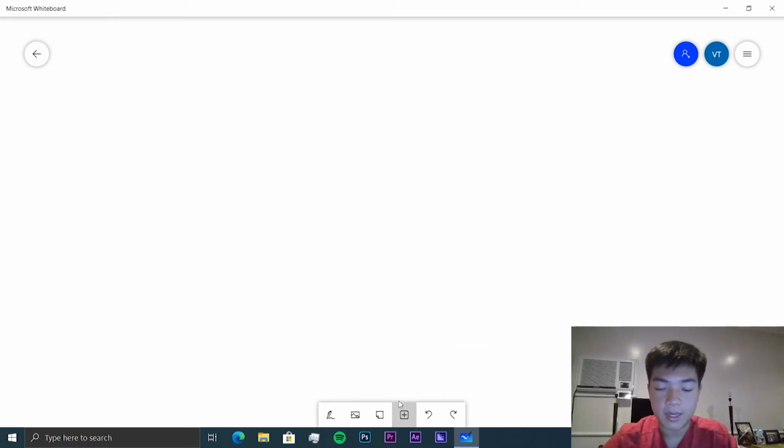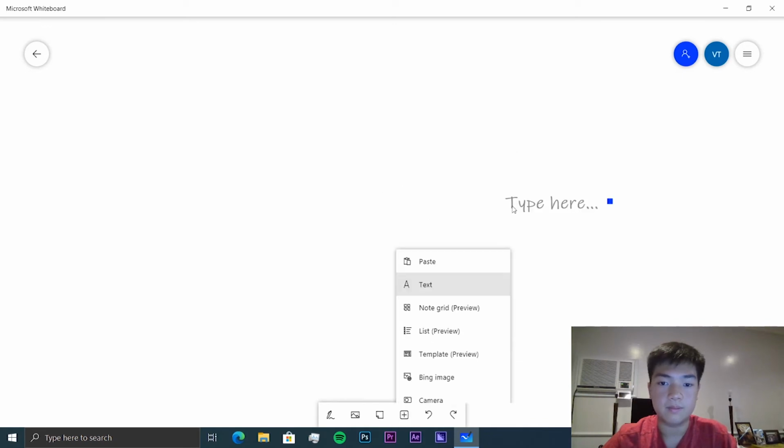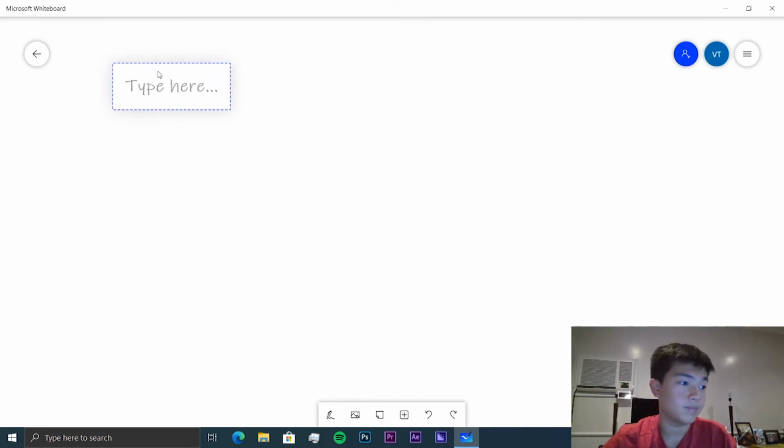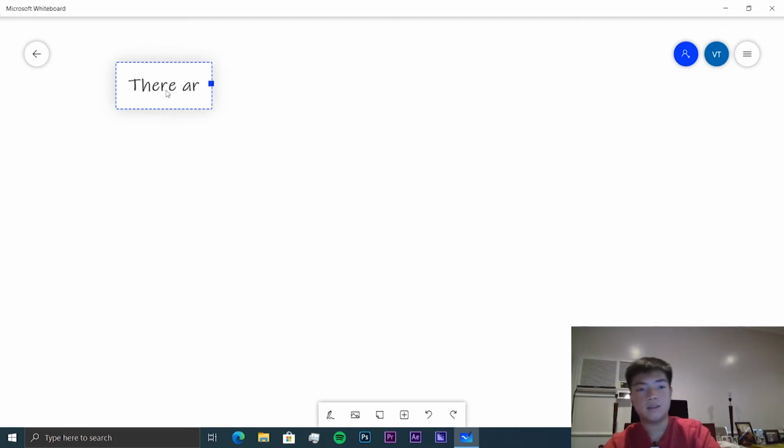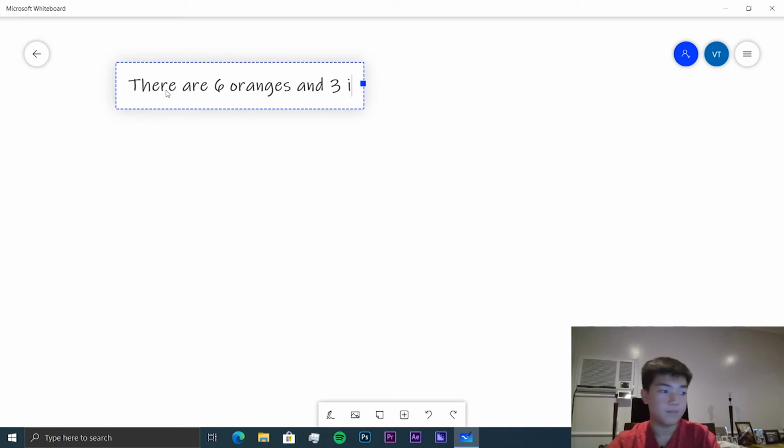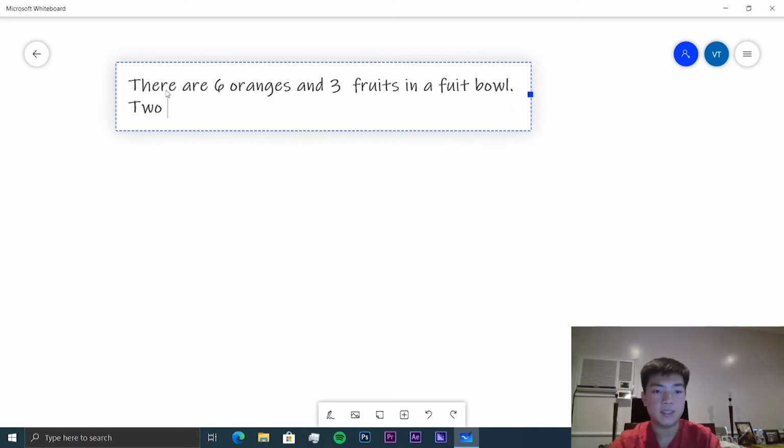Next one we have: there are 6 oranges and 3 kiwi fruits in a fruit bowl. 2 pieces of fruit are selected at random.